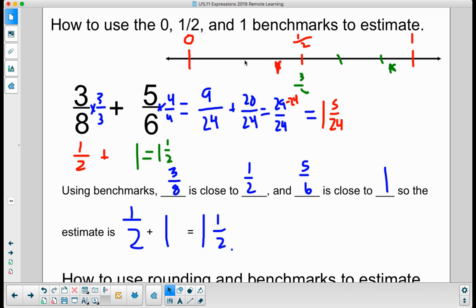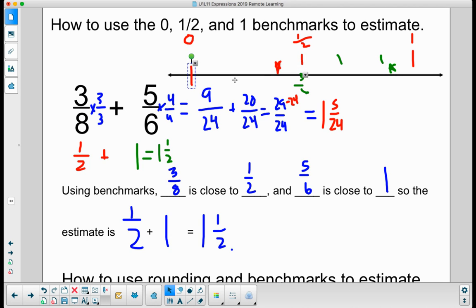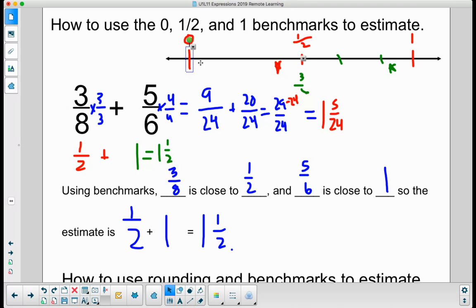And I'm going to grab my number line with my benchmarks on it.